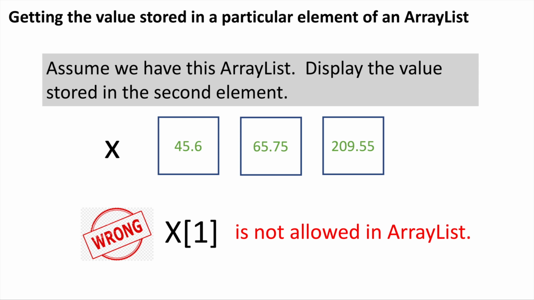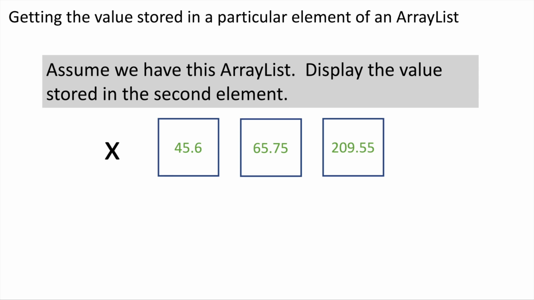In the array list, if you want to get a value from an array list, you need to use a method, which we spoke about, called get. So you need to say x.get. And get what? You need to specify the index. So we need to get the second element, which has the index 1.